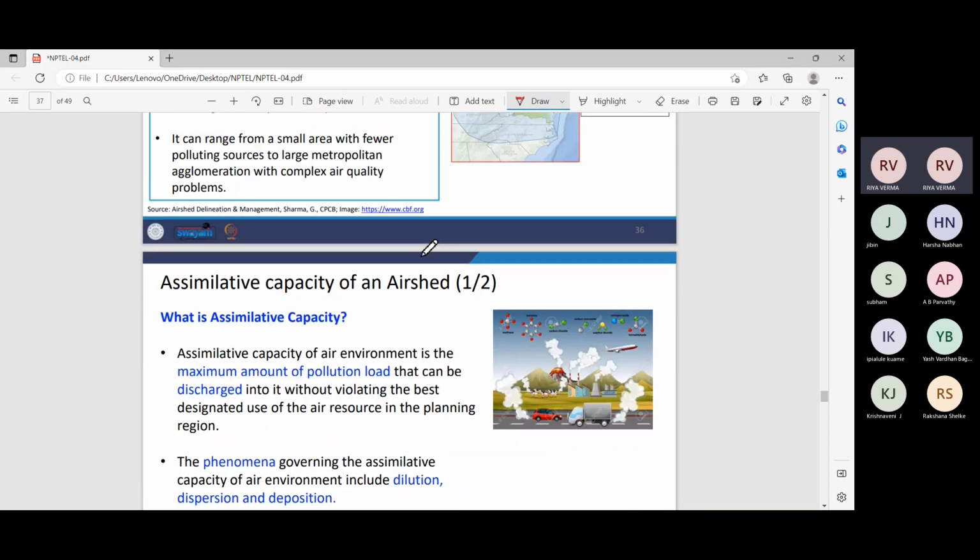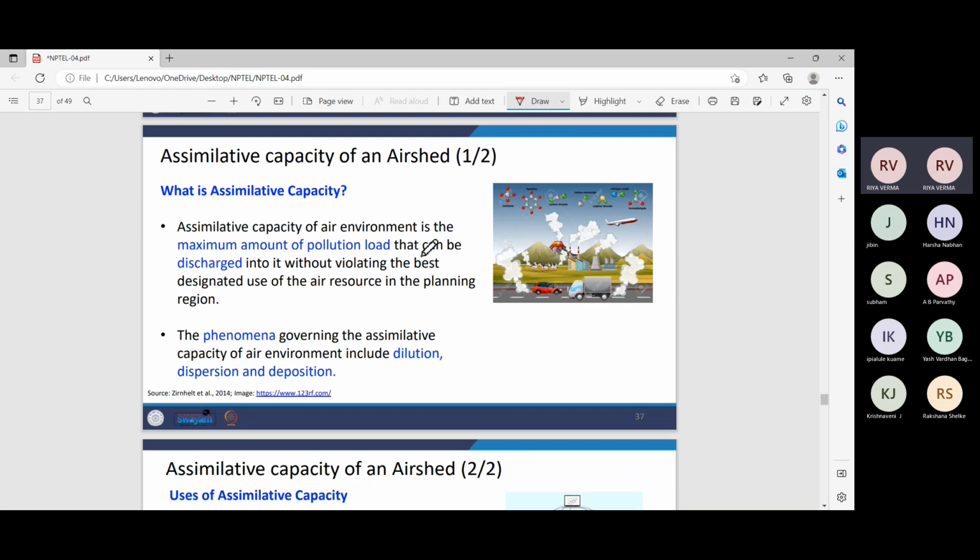And now, what is assimilative capacity? Assimilative capacity of an air environment is the maximum amount of pollution load that can be discharged into it without violating the best designated use of the air resource in the planning region. Basically, it is the maximum pollution load that a particular airshed can take.